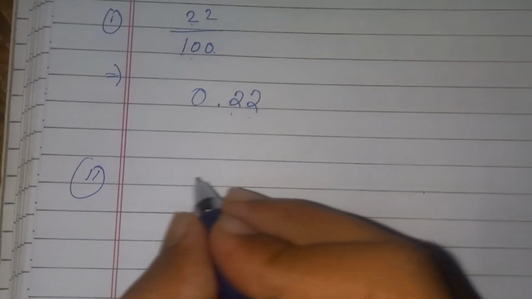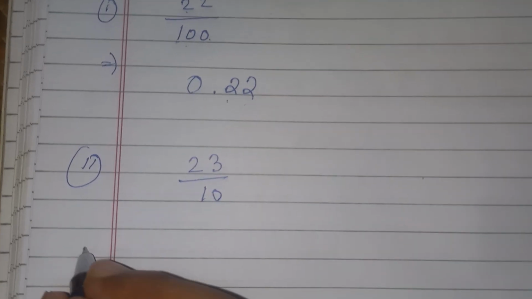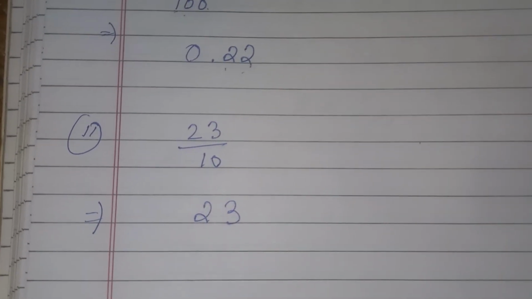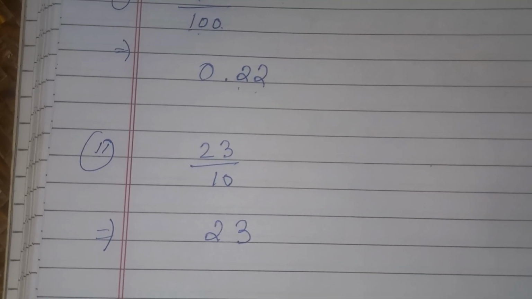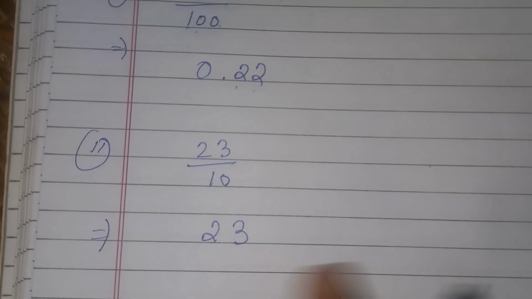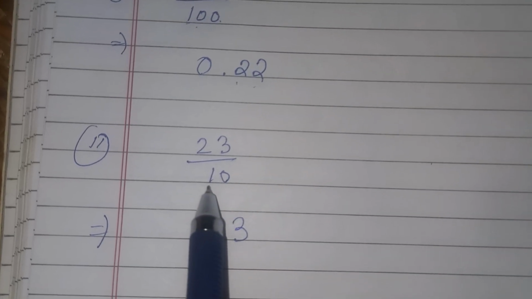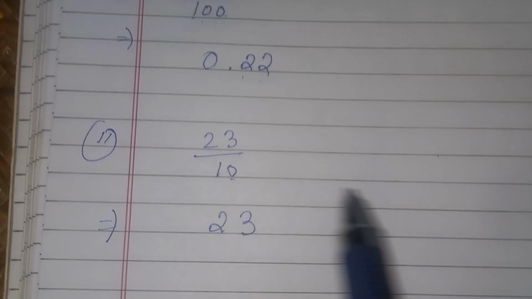Let's see another example, 23 over 10. In order to convert this, first write 23. We'll have to check the denominator, and take the number from backwards in order to give the point. It contains 1 zero.